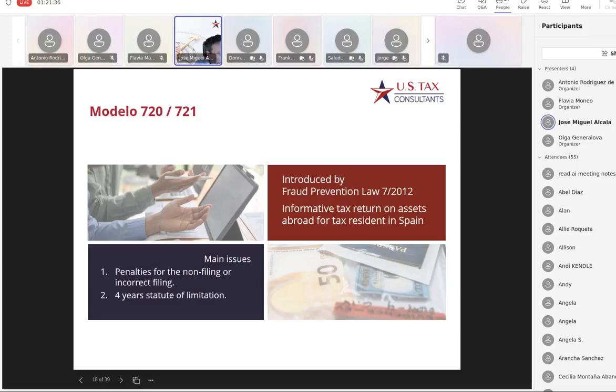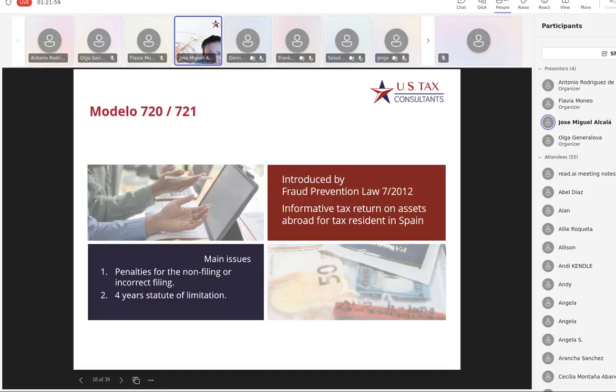We are talking about codes, subcodes, sub-subcodes to treat all the assets in these forms. So it is highly recommended to be sure that we know how to treat these assets in the form. So we will avoid any kind of penalties and fines.